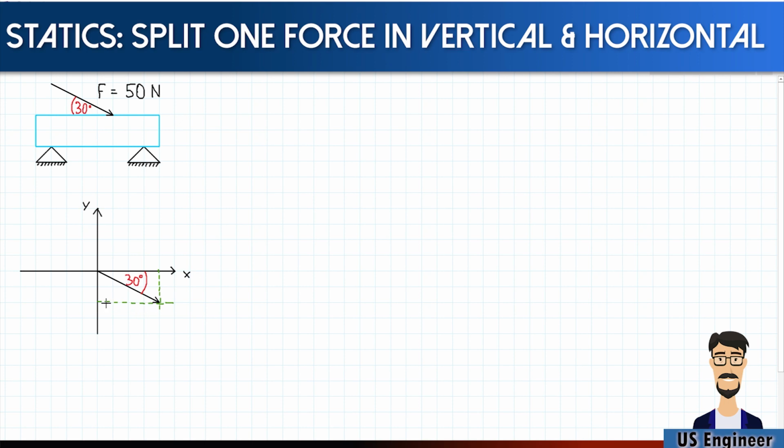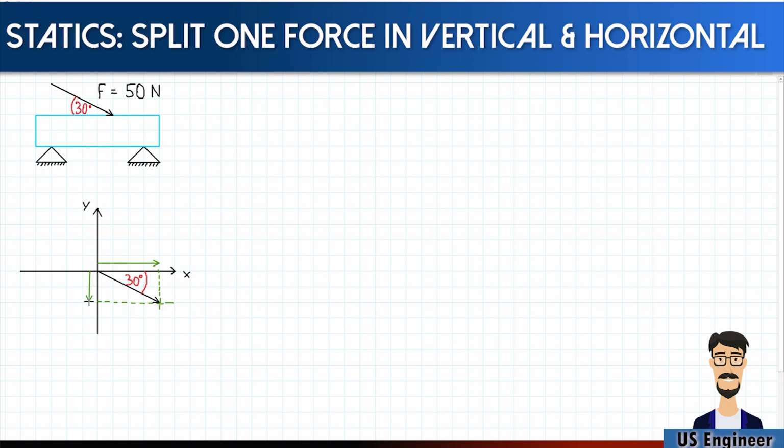So, for the x component, that's going to be this force component arrow. Okay, so the length of this arrow represents the x component of the force. And for the vertical component, that's going to be this force vector.